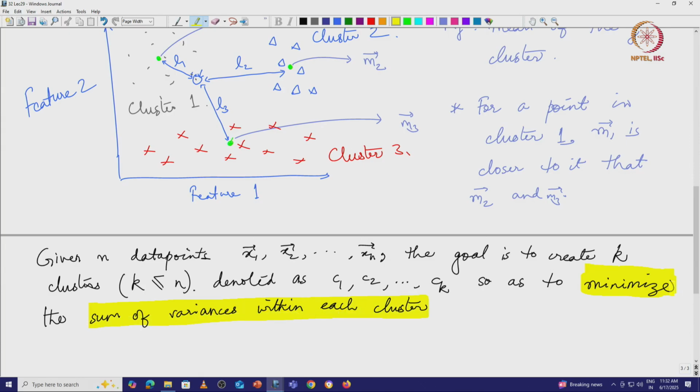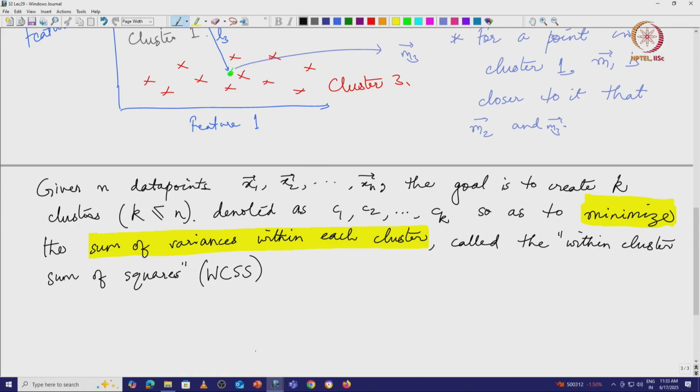So, the points within each cluster are more similar to each other, and this is called the within cluster sum of squares, abbreviated as WCSS.